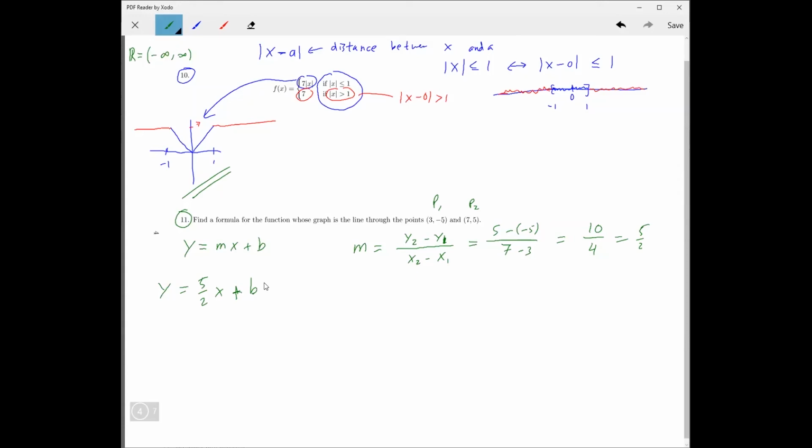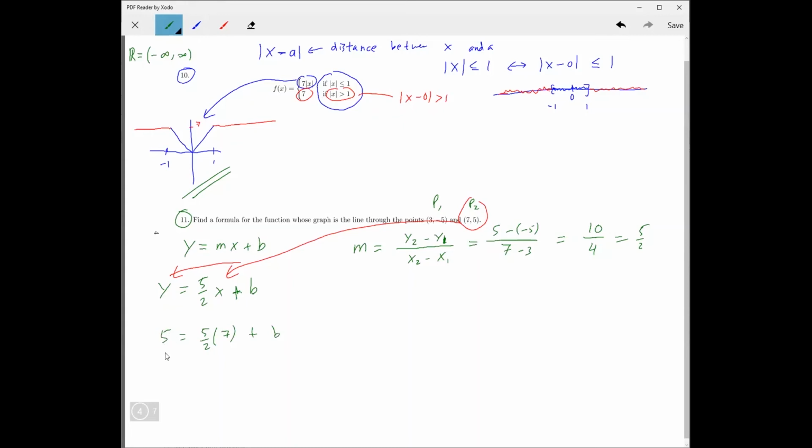At this point, we just need to find b and plug it back in, and we have it. You can use either point. Let's choose the second point. We'll plug the values into there. That gives you a 5 over here and 7 over here for that x.